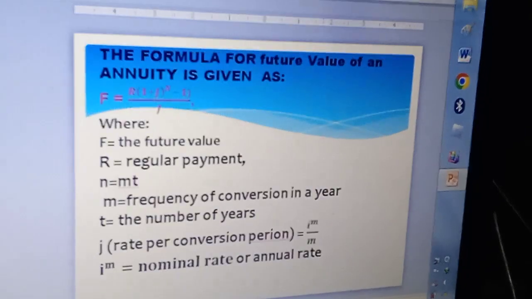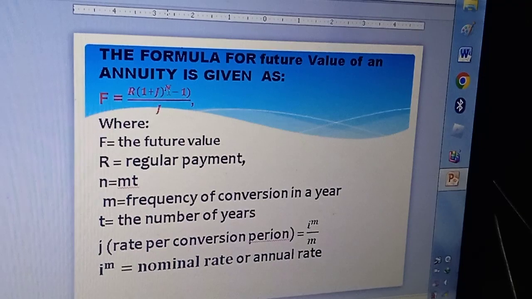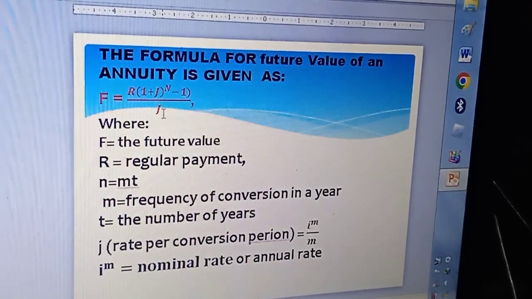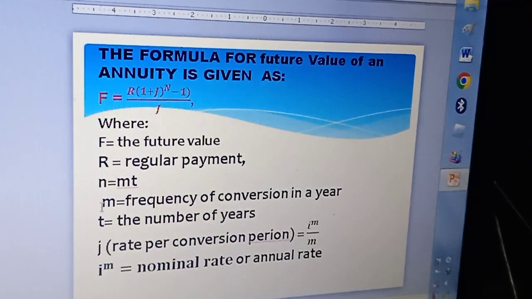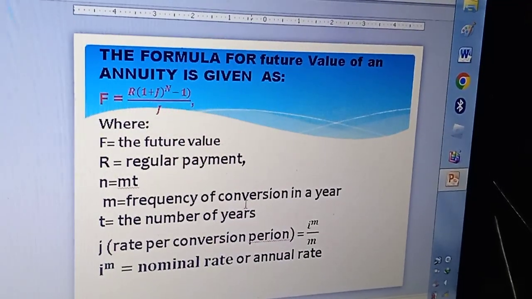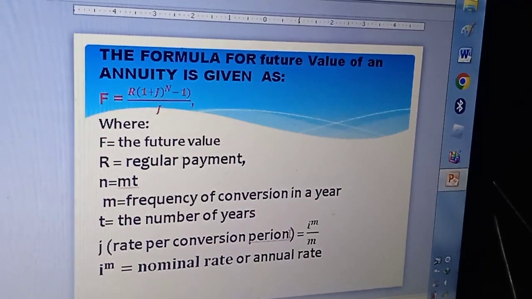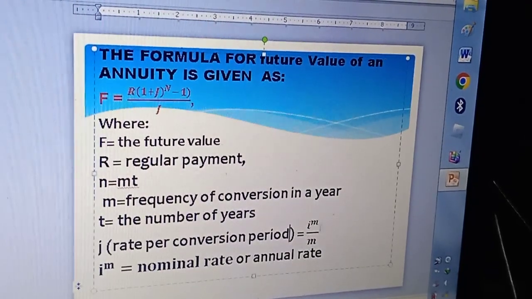Okay, so the formula for the future value of an annuity is given as F equals R times 1 plus j raised to n, minus 1, over j, where F is the future value, R is the regular payment, n is mt, m is the frequency of conversion in a year, t is the number of years, and j is the rate per conversion period, equals i to m over m, and i to m is the nominal rate or annual rate.